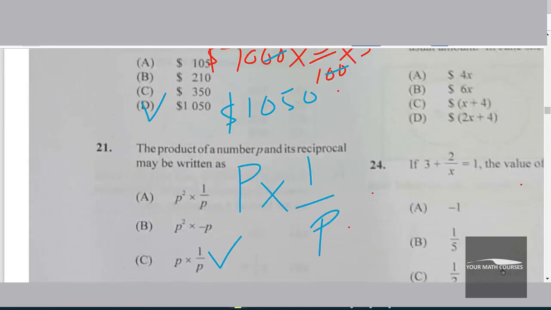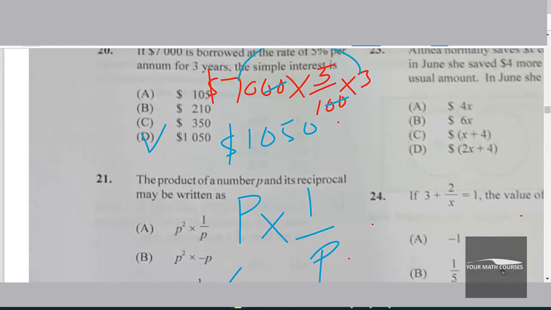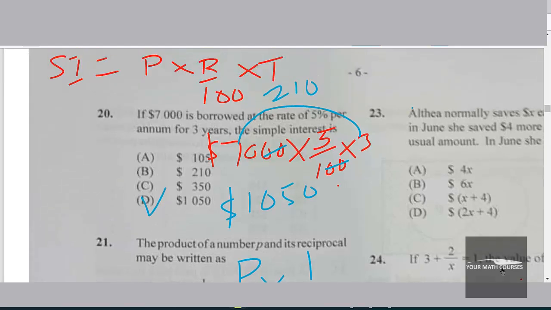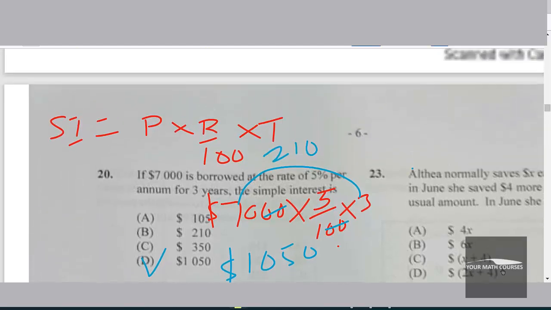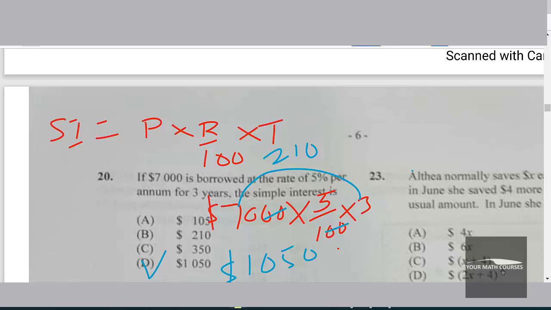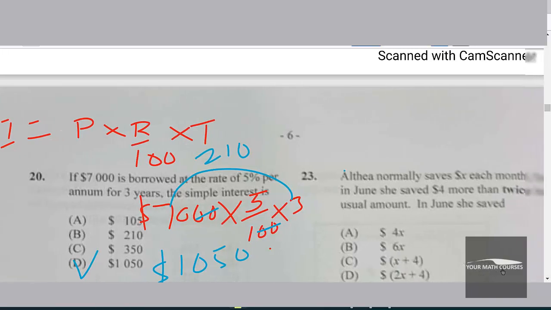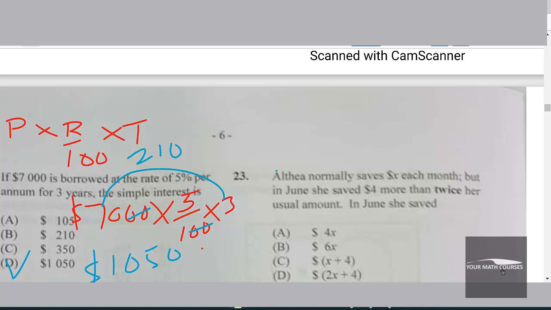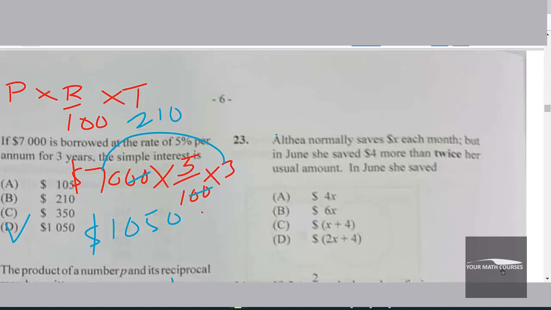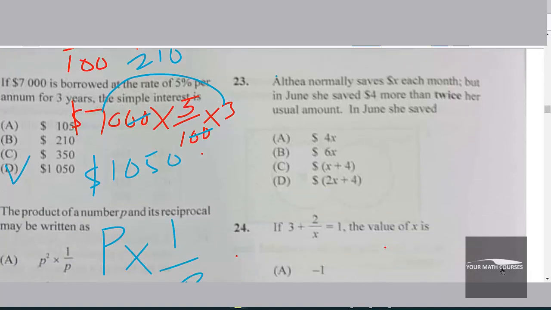Now let's look at the next question, question 23. Altair normally saves $x each month, but in June she saved $4 more than twice her usual amount.